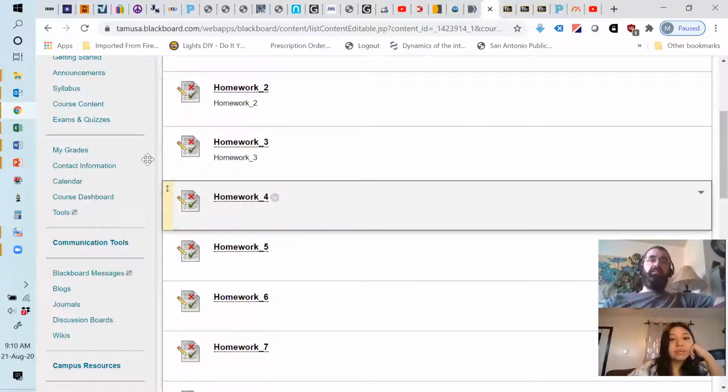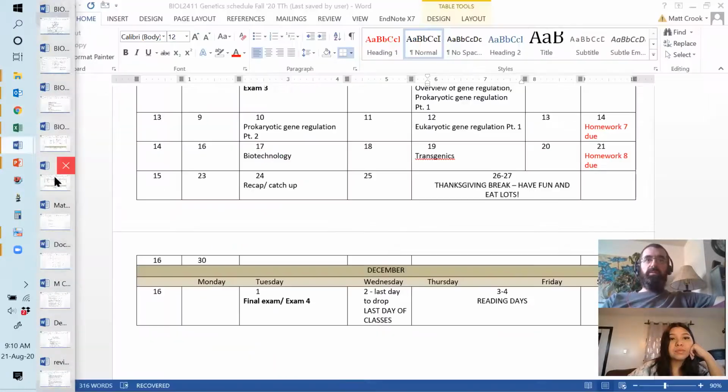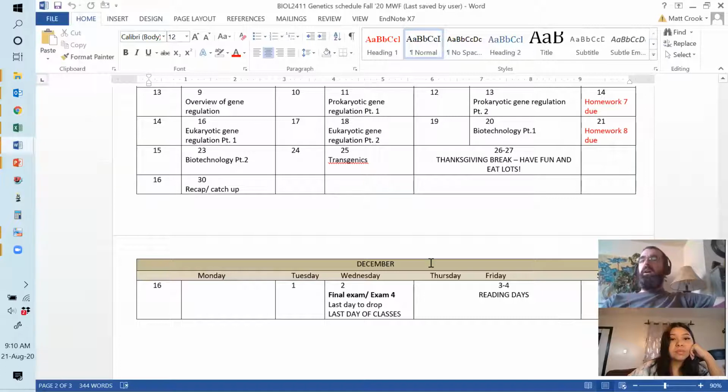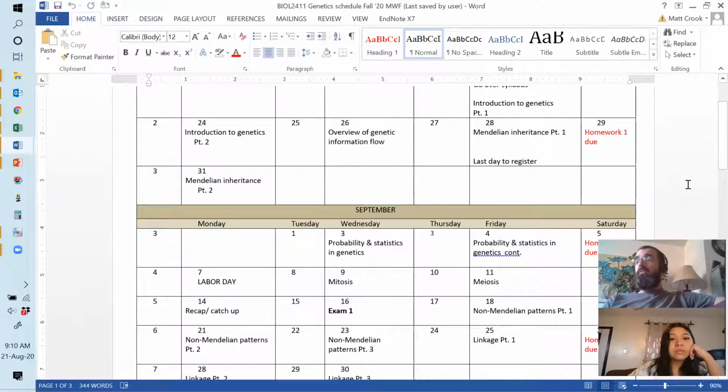Put the deadlines. Go to the syllabus section in Blackboard. You can download this, which is a good idea. And that will tell you when all of these things are due, right? So after you get off of here, put these into your schedule, right?